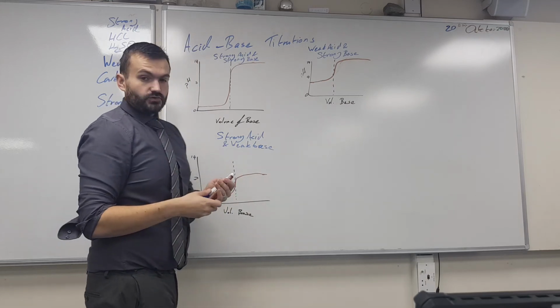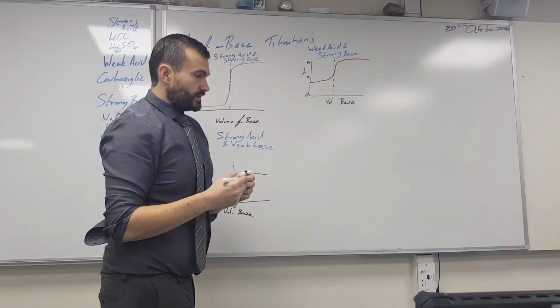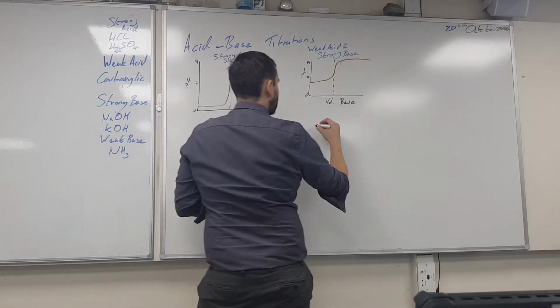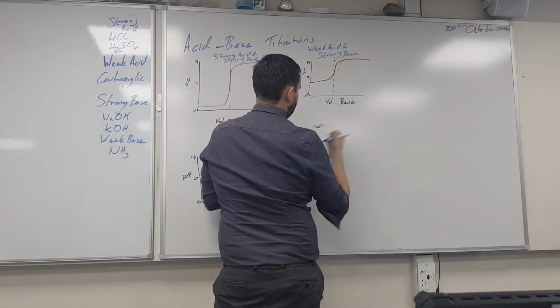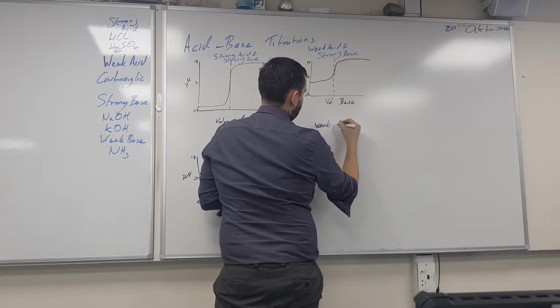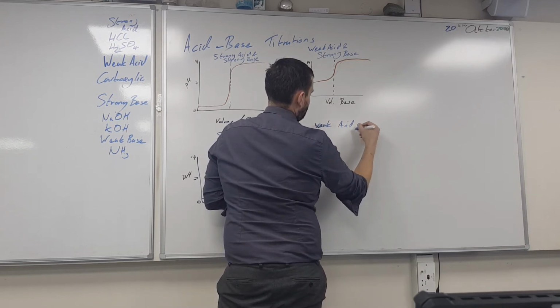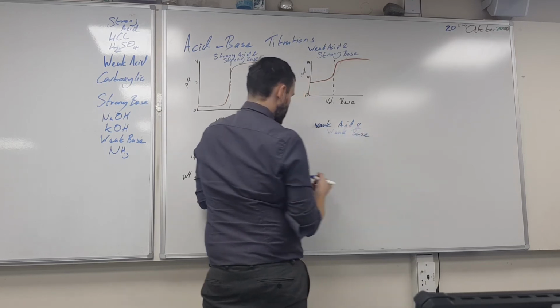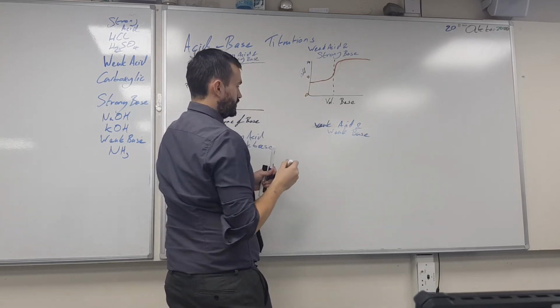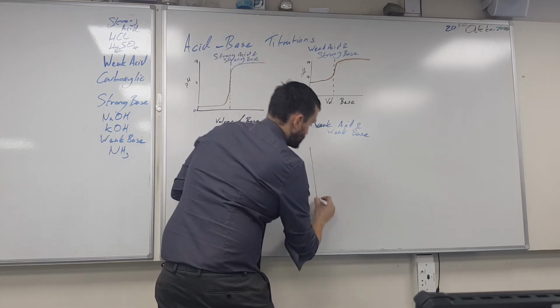And then we get our final graph. Our final graph is weak acid, weak base. So if we've got our weak acid and weak base, we've got our normal axes.